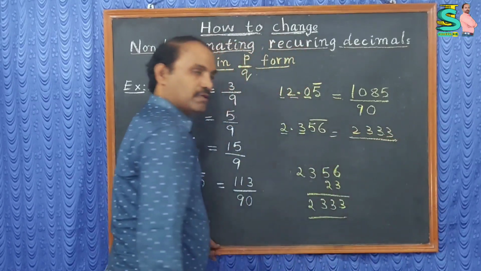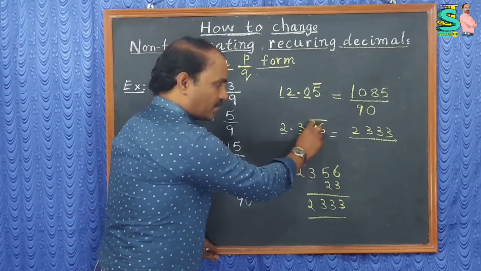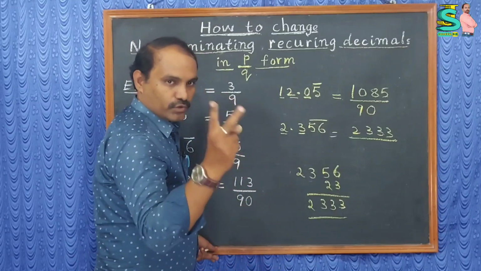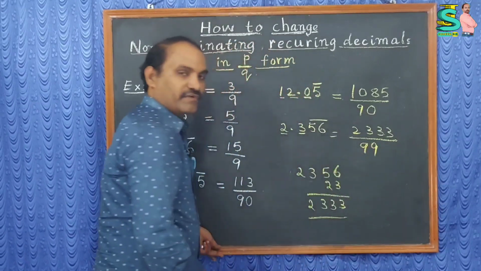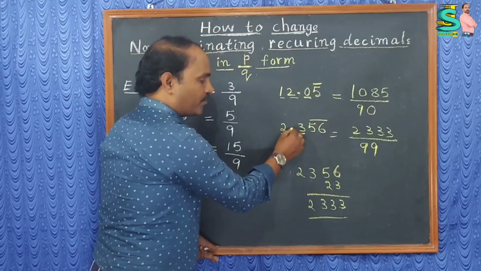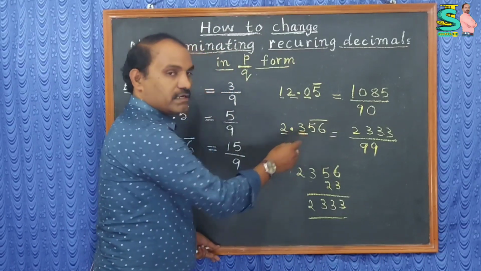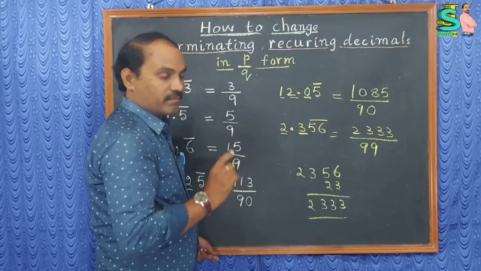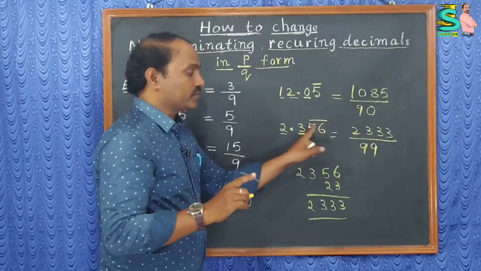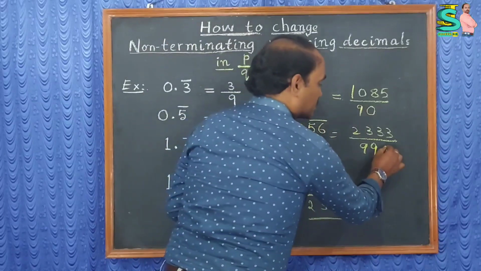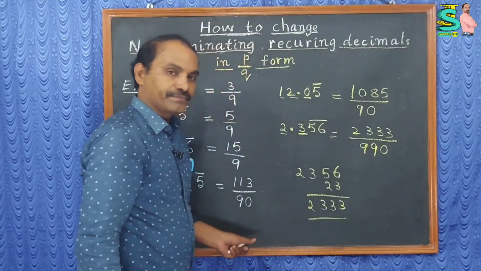So 2333 by how much? Under the bar how many digits are there? 2 digits, so 2 nines. After the point, one more digit is there which is not under the bar. Remember that, you should write that many zeros here. So this one is 0.